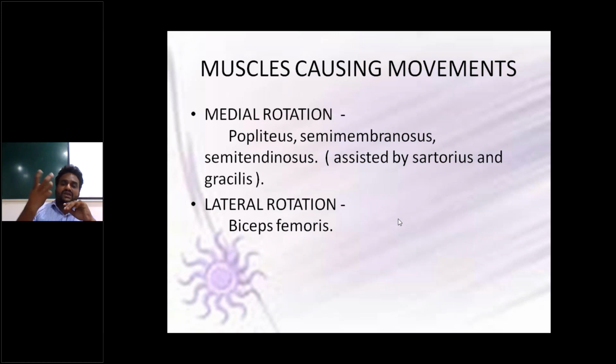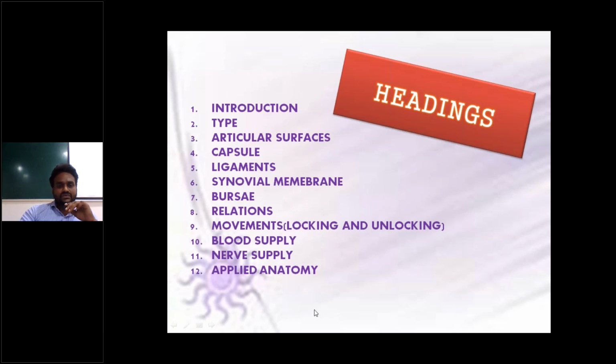The muscles posteriorly related are the flexors. Muscles medially related are the medial rotators. Muscles laterally related are the lateral rotators. So based on the relations, we can deduce the movements of the knee joint also. Now we have completed the movements of the knee joint, locking and unlocking. Next we come to the blood supply of the knee joint.